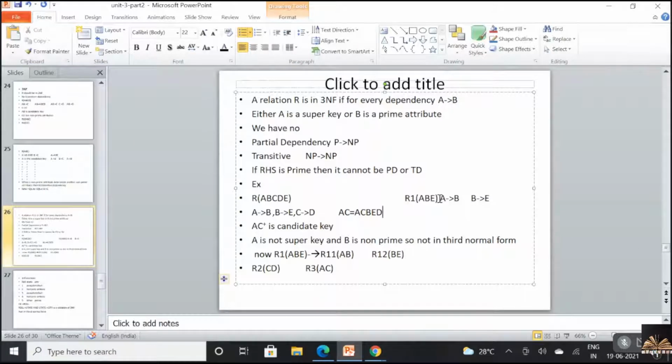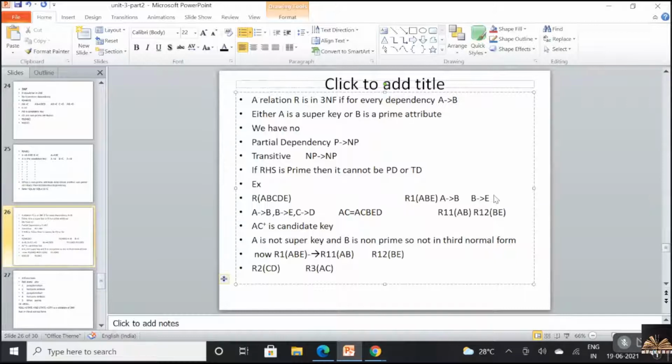Is A a super key? No. Is B a prime attribute? No. Is B a super key? No. Is E a prime attribute? No. So again, this relation is not in 3NF. So I'm going to break this further: this would be R11, which is AB, and R12, which is BE. Fine.